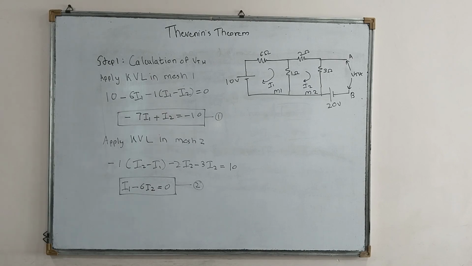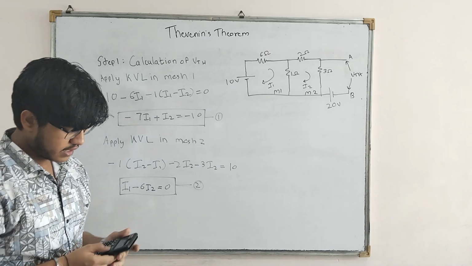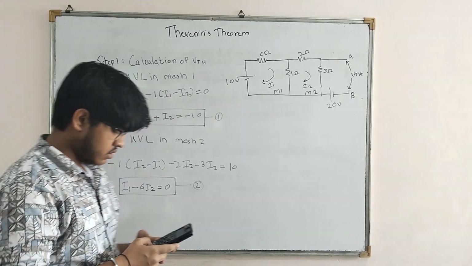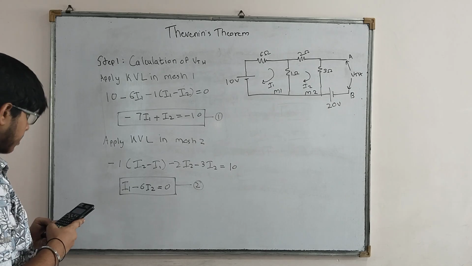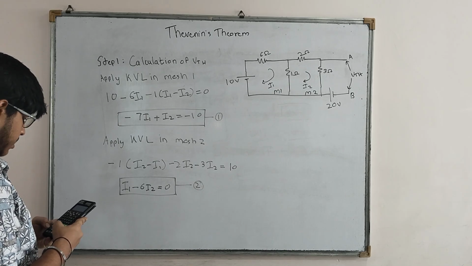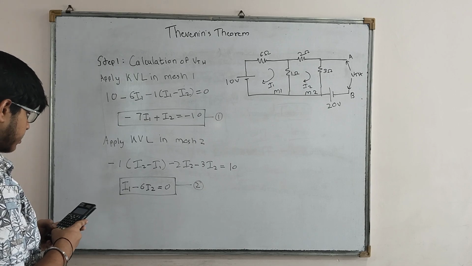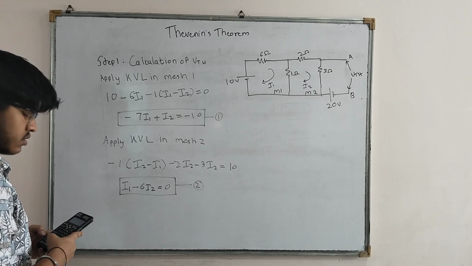Okay. So now let us solve both these equations with the help of our scientific calculator. Minus 7 enter, 1 enter, minus 10 enter, 1 enter, minus 6 enter, 0 enter. Okay.